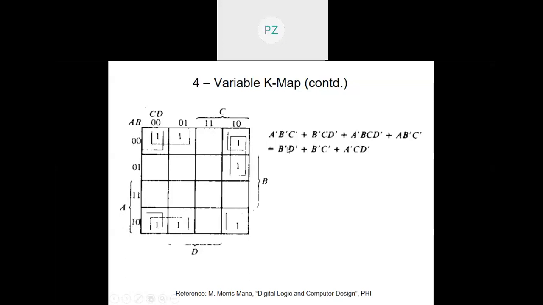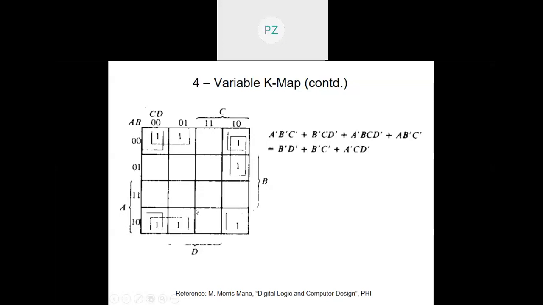Over here C dash remains and D gets eliminated. So it will be B dash, C dash, the combination of these 4 ones. So these 4 ones are covered.